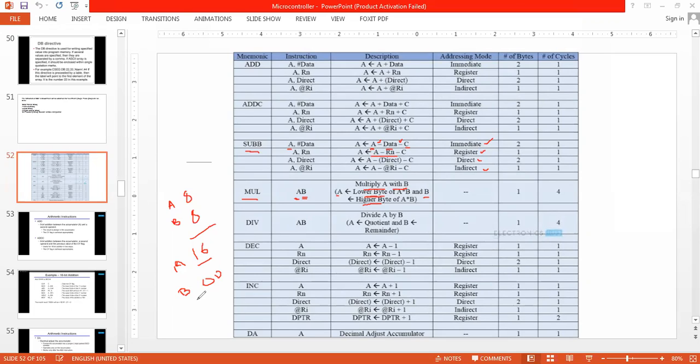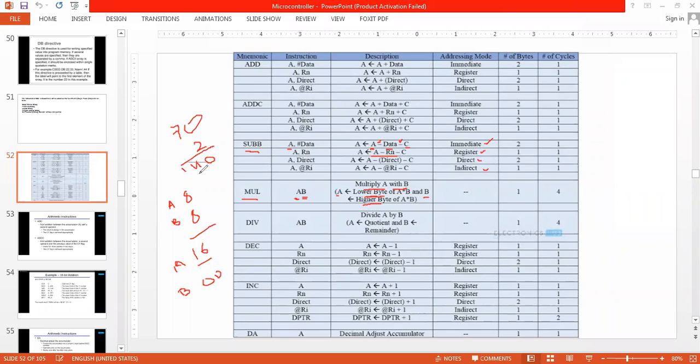Right? Is it understood? Say for an example, I will take 70 into 2, which will be 140.